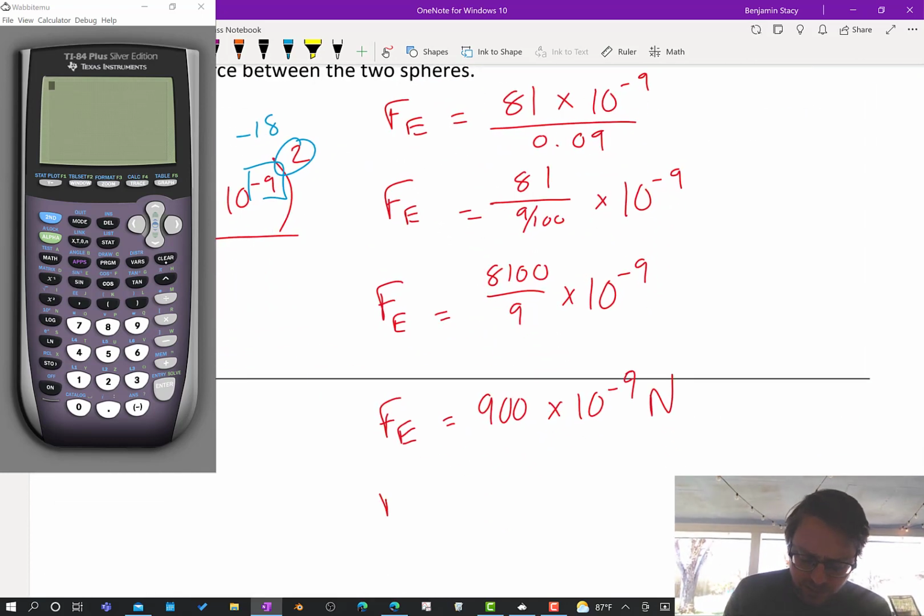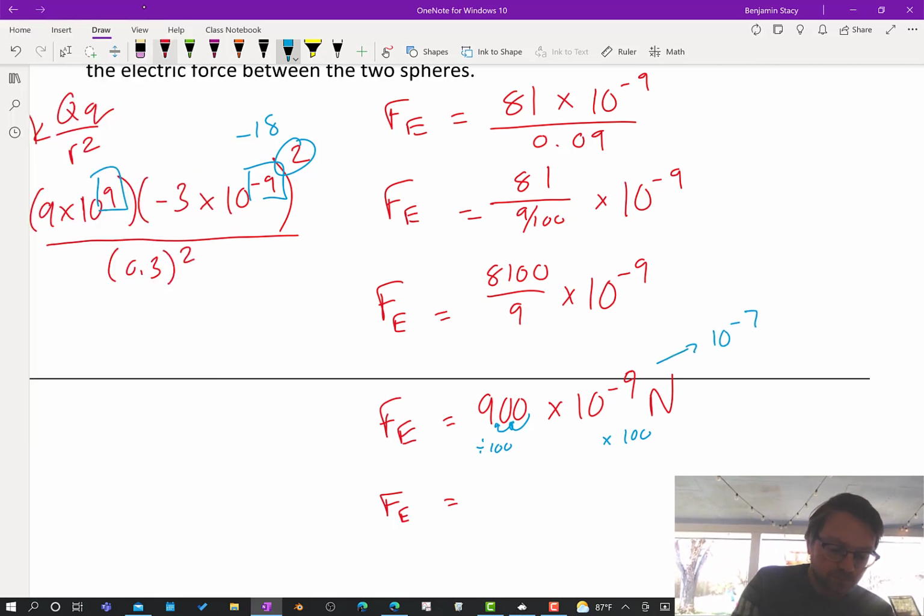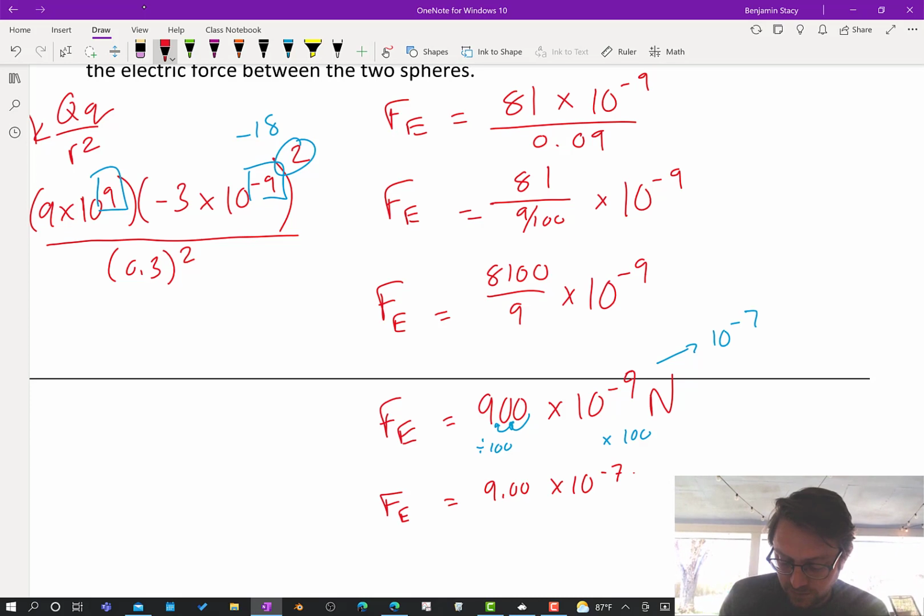Let's put that into our correct format, which means I need to divide my prefix by 100. Dividing by 100 means I'm adjusting my exponent, so this is going to become 10 to the minus 7. So we've got 9.00 times 10 to the minus 7 newtons.